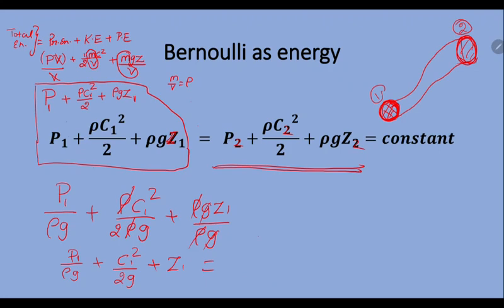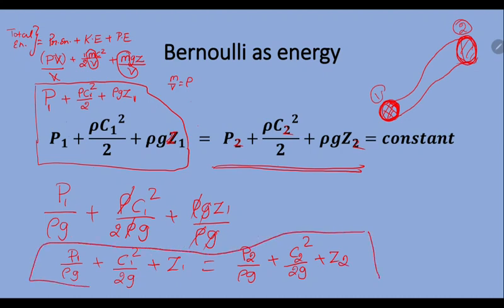Equals, if we do the same thing here, p2 by rho g plus c2 square by 2g plus z2, and all of them, the unit is meter. Do you see how simple the derivation is? So very simple, is it not?